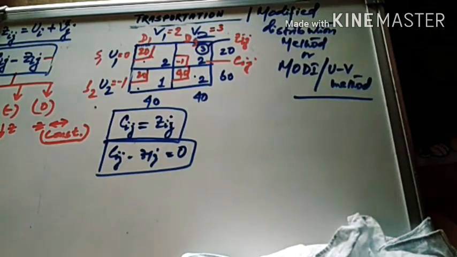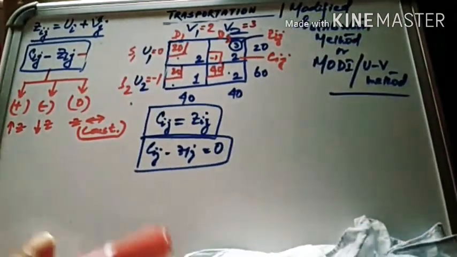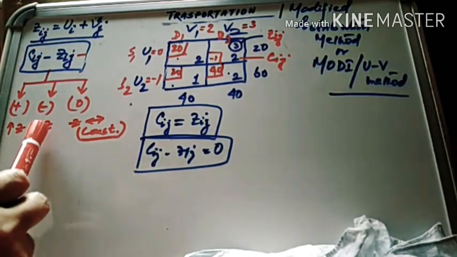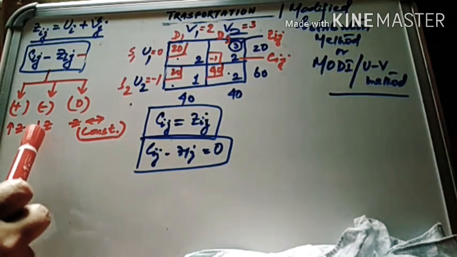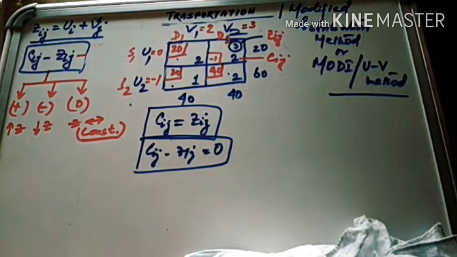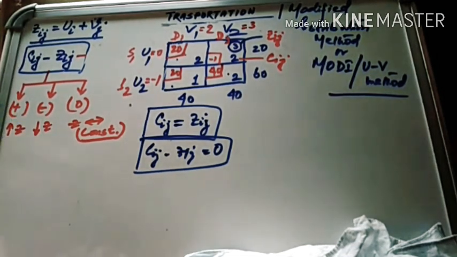So you can see that over here I have written Cij minus Zij. When it comes negative, the Z value goes decreasing, which is not preferred. We have to find an optimal table in which we make this value go upwards.